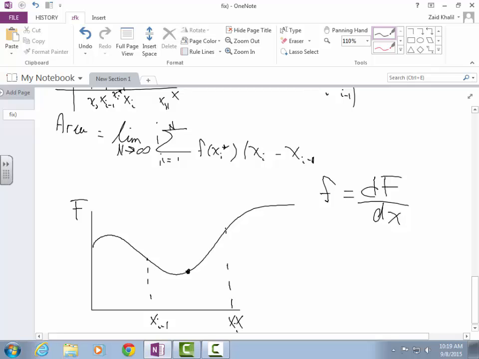The slope of the tangent line is equal to the slope of the secant line of the interval. Anybody know what that's called? That's right. That's the mean value theorem.